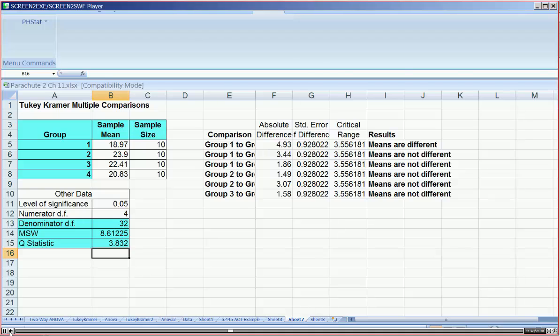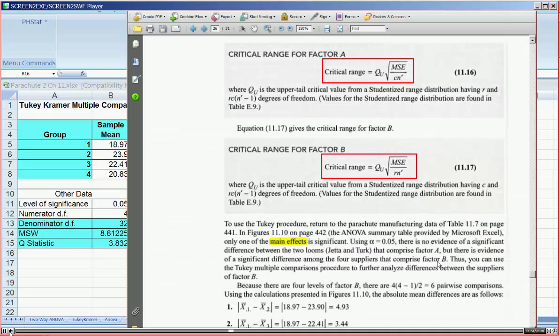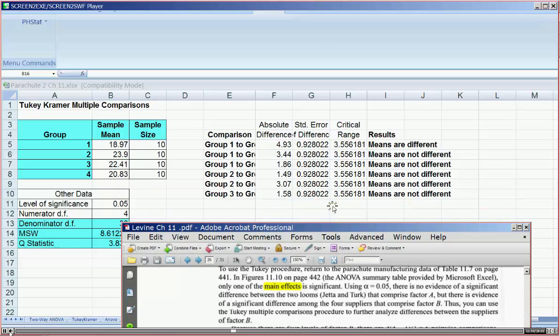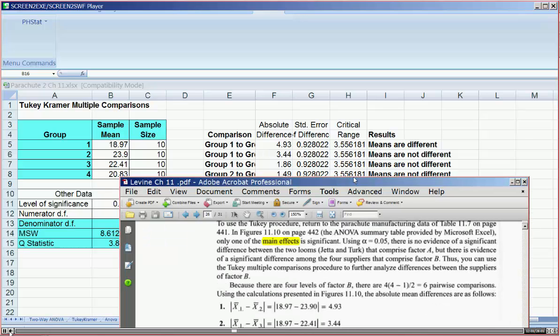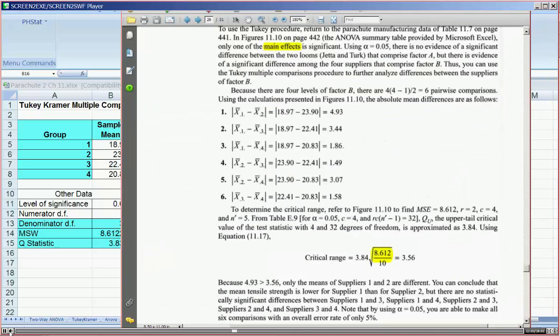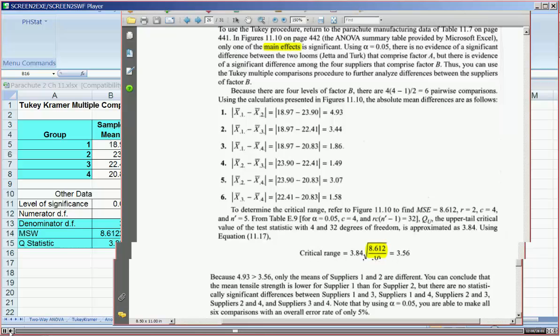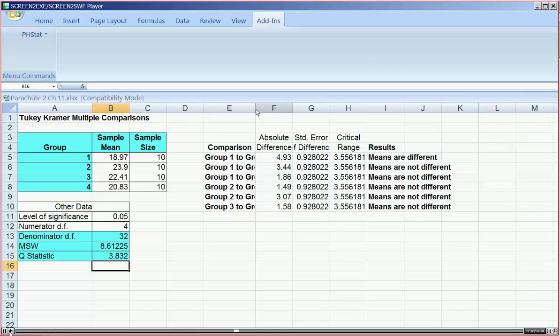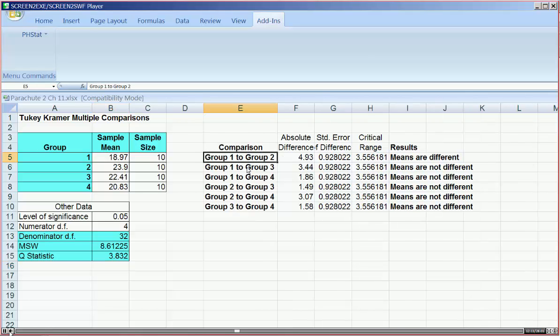Okay, let's see what the book used. They used 3, 4. Okay, critical range is what we're going to be looking at. 3.556 is close enough to what the book is showing. So we can see that the real non-negligible difference is found in group 1 to group 2 and group 1 to group 3.